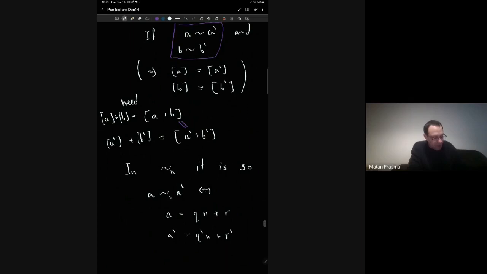And to say they are equivalent, it means that R is equal to R prime.